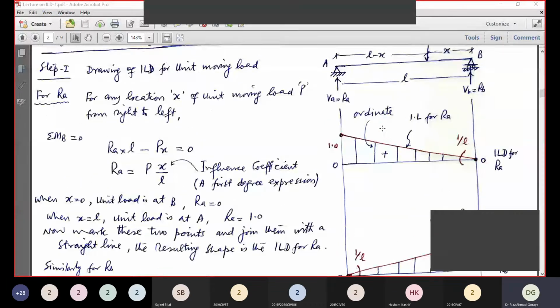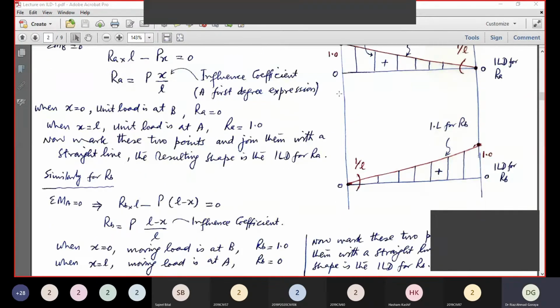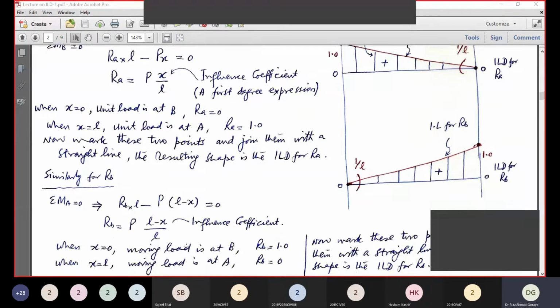for RB, sigma M is equal to 0, जिस तरह हम reaction निकालते हैं. Now, RB into L minus P into L minus x is equal to 0. Now, RB we will have P into L minus x over L. Now, this L minus x over L is called the influence coefficient. It is again a first degree expression.